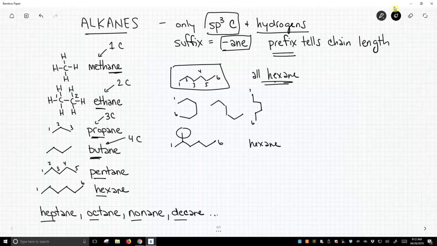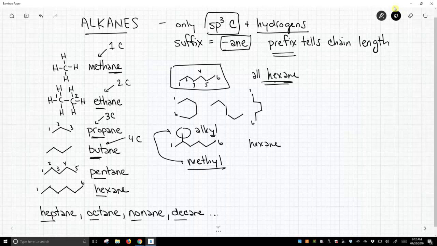But methane is its own molecule. We can't call it methane hexane because we'd be saying there are 2 molecules. We need a way to name an alkane group. And so this is called an alkyl group, and we use this "yl" suffix. So this isn't a methane, it's a methyl. So that is a 1 carbon chain.